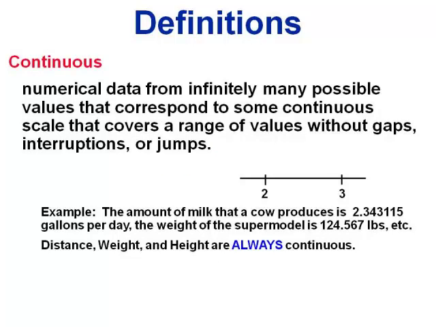Continuous values don't have gaps in between them, so they can be decimals out to any decimal place you would want. So I have some examples there. Amounts of liquids could be any decimal place worth of gallons. A weight, if you really wanted to be very precise, you could go out to many decimal places on a weight as well. Distance, weight, and height are very common continuous values.